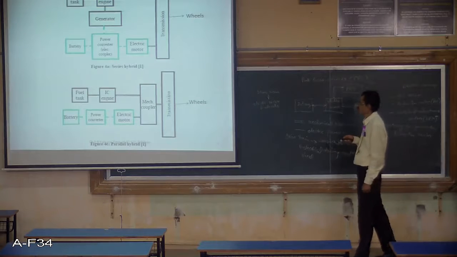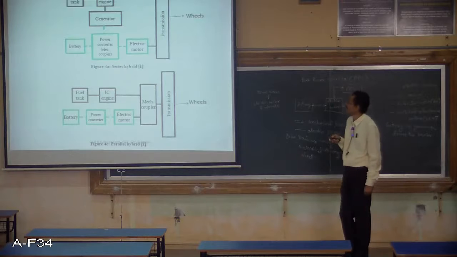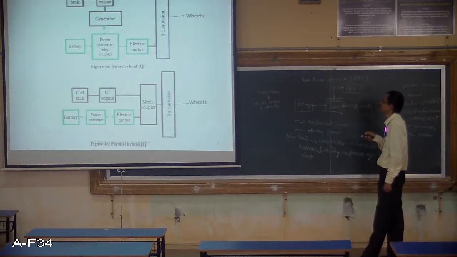So whatever power is fed into the wheels, it is coming either from fuel tank or from the battery, and the battery also is charged through this generator, through the power converter, and ultimately both of them will be able to supply the power to electric motor.